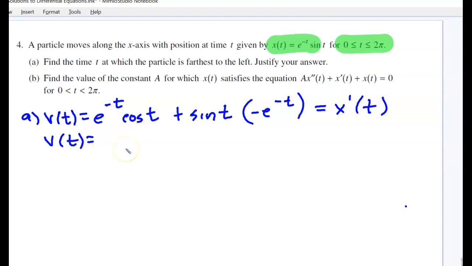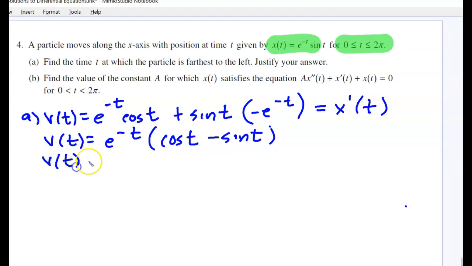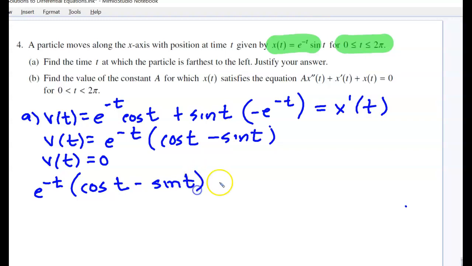If I factor out e to the negative t, I'm going to be left with cos t minus sine t. And now we have to figure out where the velocity is equal to 0. So it's going to be where e to the negative t times cos t minus sine t equals 0.